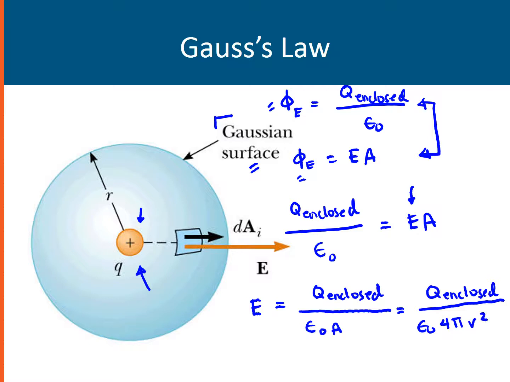Again, this is the surface area of our sphere. We can rewrite this further as E is equal to 1 over 4 pi permittivity multiplied by Q over r squared.